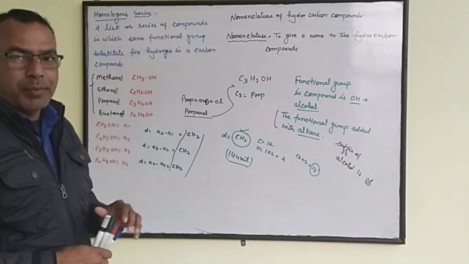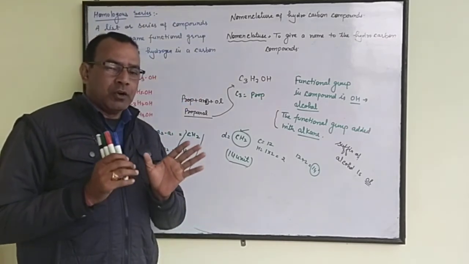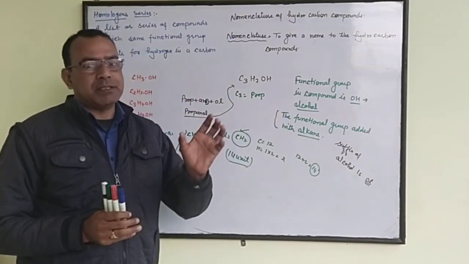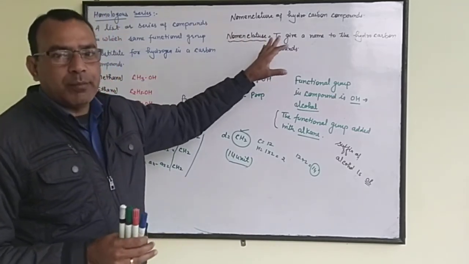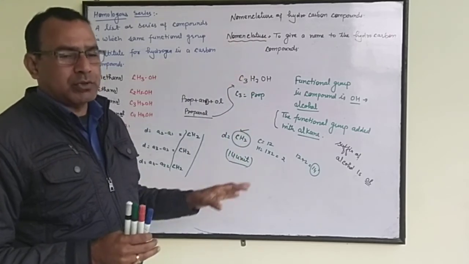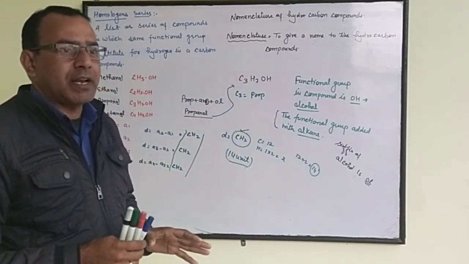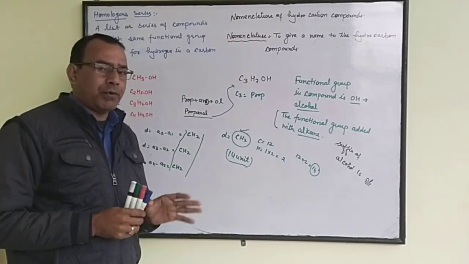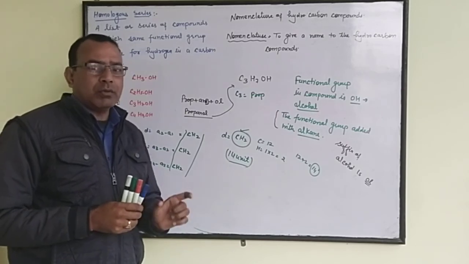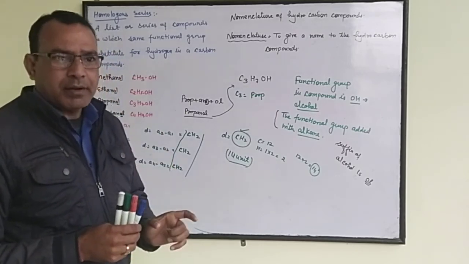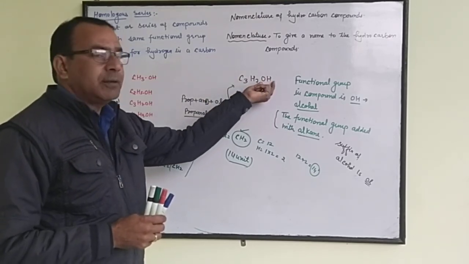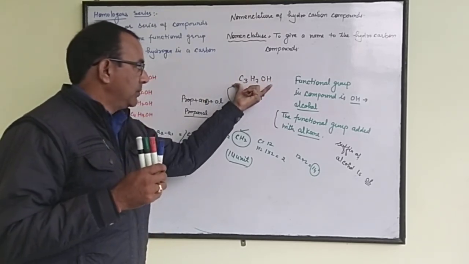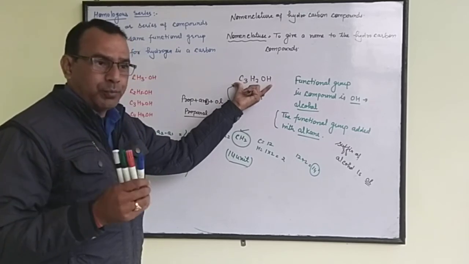Again listen, what is nomenclature? Nomenclature means to provide the name of any species. In this chapter, it means to provide the name to the hydrocarbon compounds. How can we give the name to the hydrocarbon compound? First of all, we have to count the number of carbons. Then we choose the functional group.